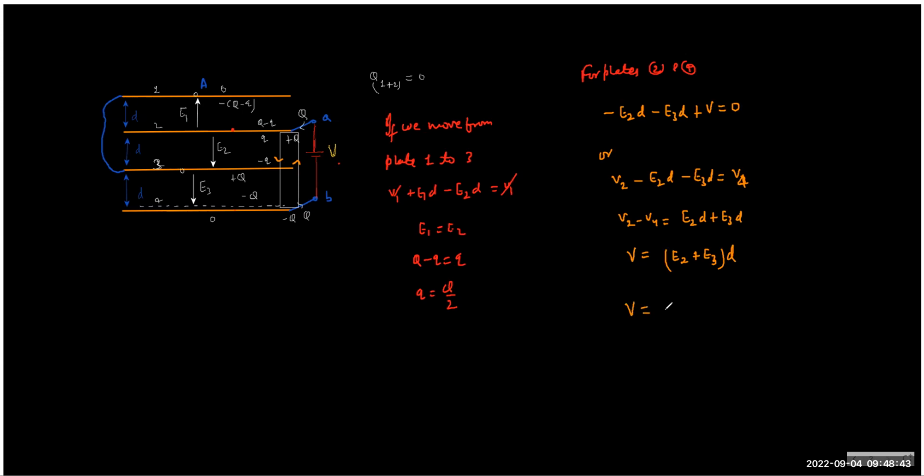Okay. What is E2? It's Q by A epsilon. What is E3? It's Q by A epsilon into T. And Q is Q by 2. So this will become how much? Q by 2 A epsilon. Q by A epsilon into T. This is 3 by 2.